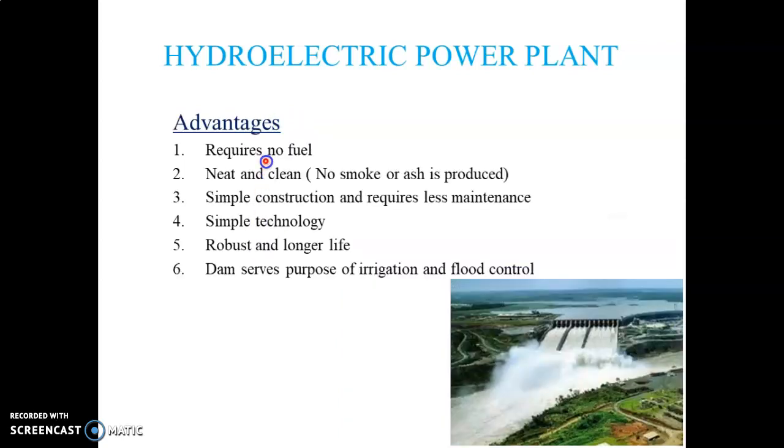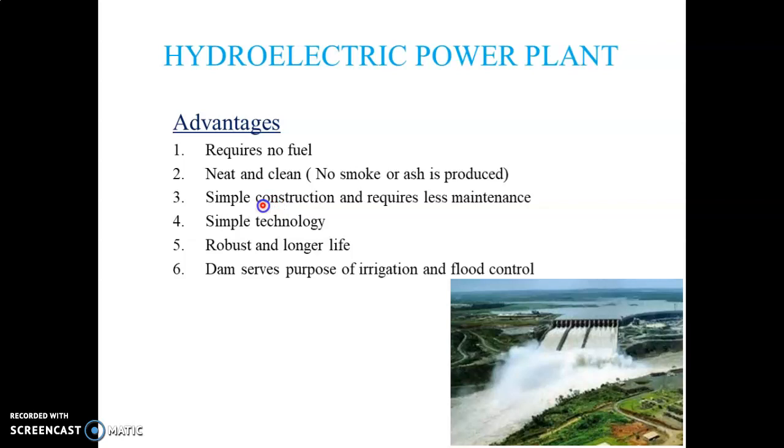These are the main advantages of a hydroelectric power plant. It requires no fuel, because water is the only thing we use in a hydroelectric power plant, so the fuel cost is absolutely zero. Running cost is very low. It produces neat and clean energy, with no pollution, no smoke and ash.